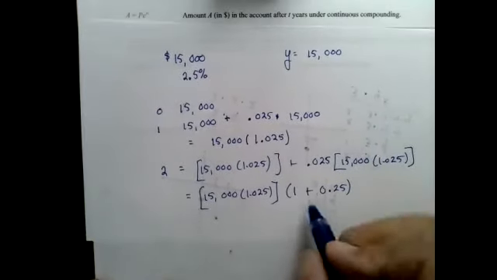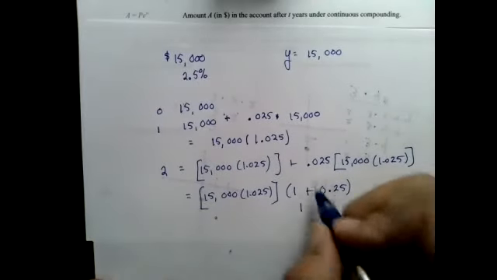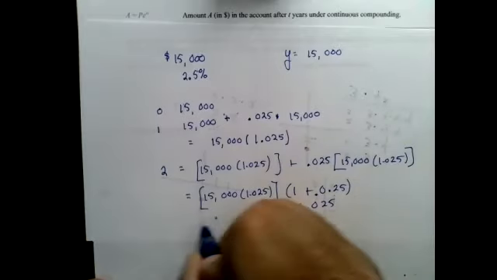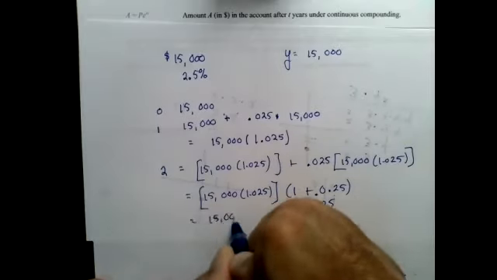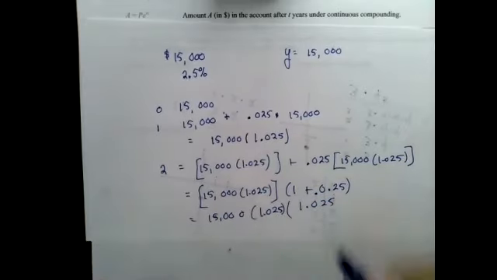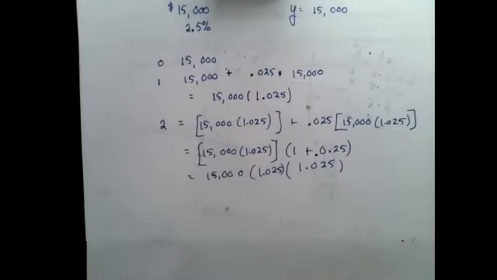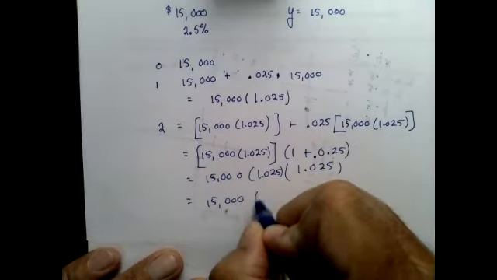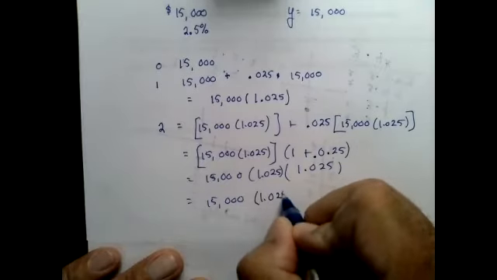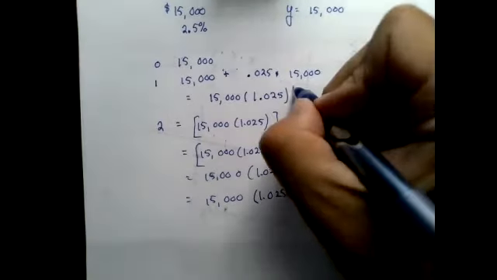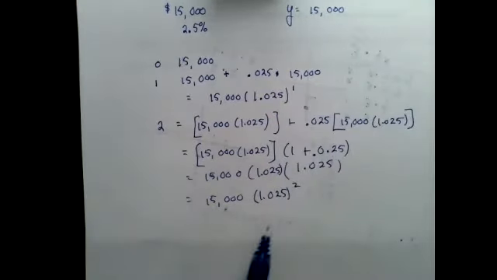And all of a sudden, this becomes 1.025, and this was 15,000 times 1.025. Or writing it exponentially, 1.025 squared. First year is the first power. Year 3 would be cubed.